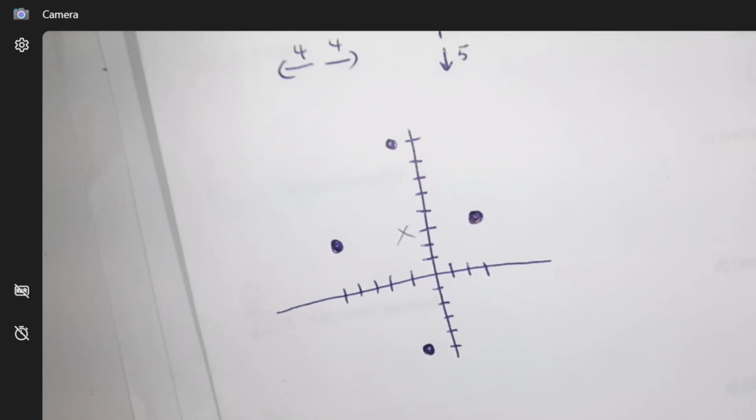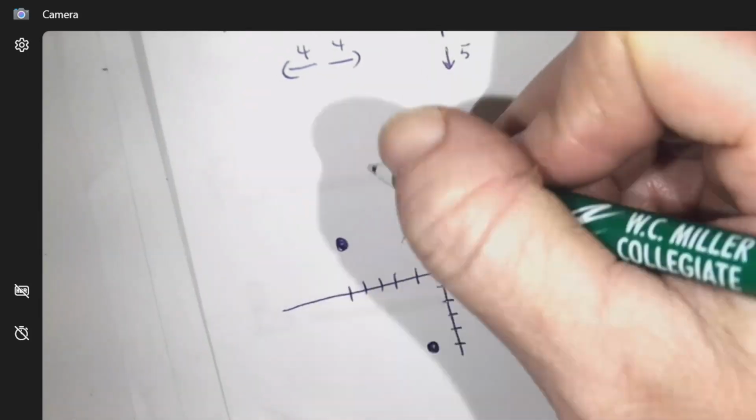Okay, so you can see I went 4 left, 4 right, drew a point, 5 up, 5 down, drew a point. And then, good luck to you. Try to see if yours doesn't look like a potato like mine.